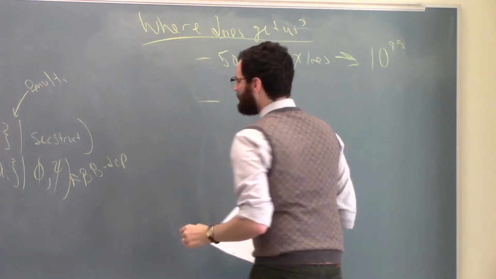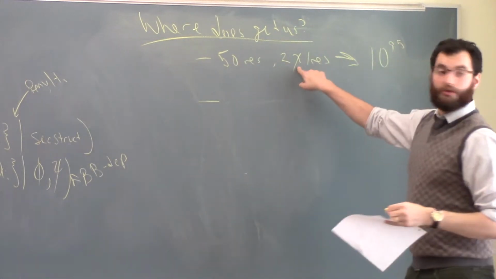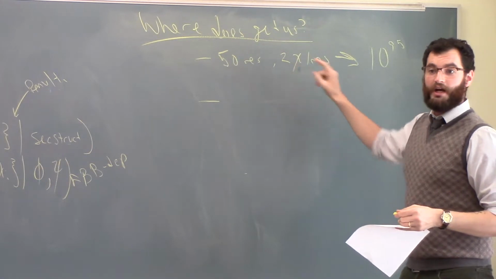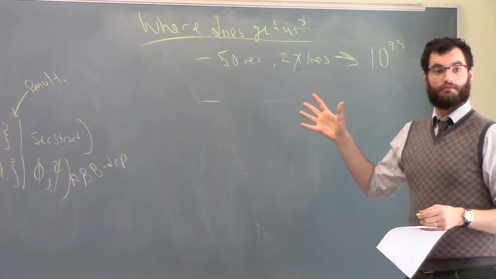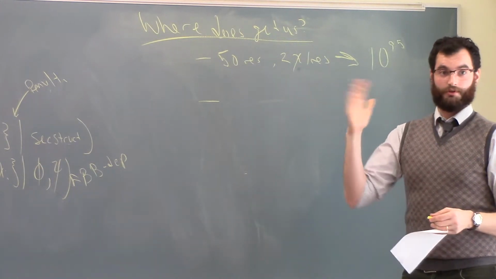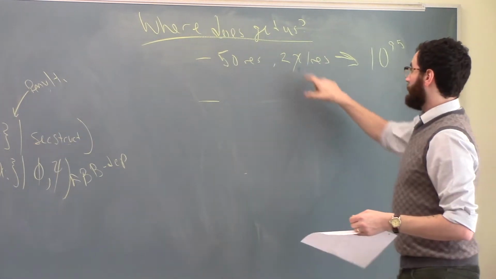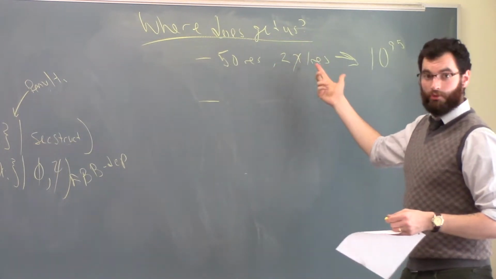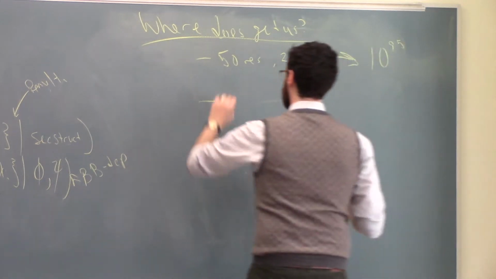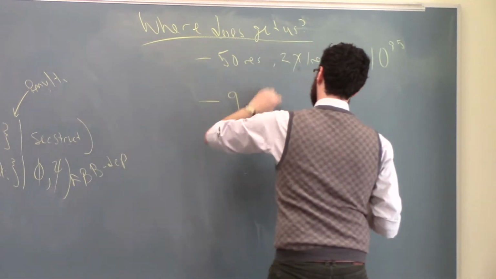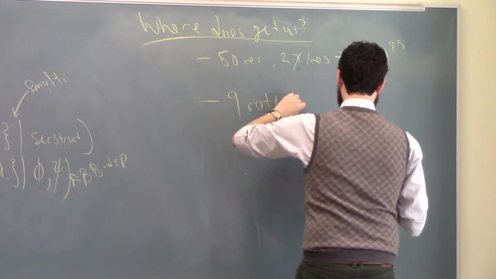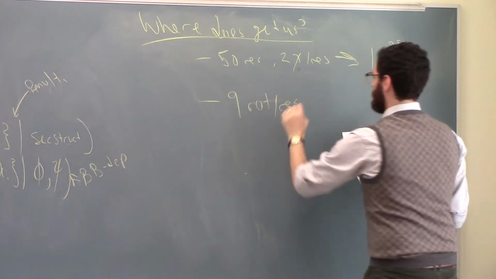So now, there's 2 chi's. Each chi has about 3 rotamers, right? Typically, we're just going to see gauche plus, gauche minus, and trans. 3 to the 2, 9. So there's 9 rotamers per residue. And there's 50 residues.